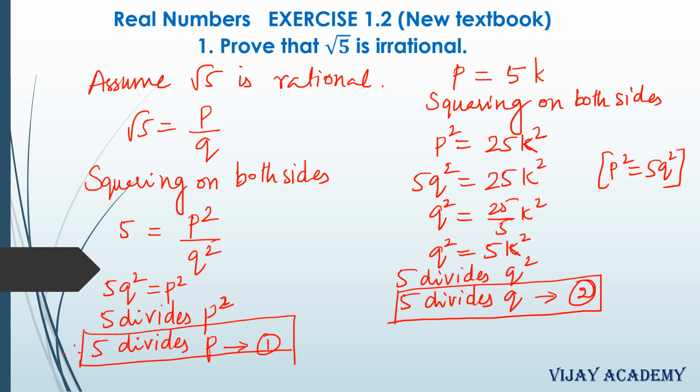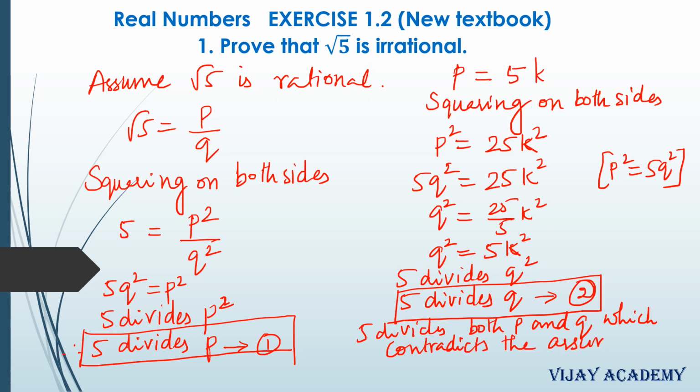So 5 divides both p and q, which contradicts the assumption. Therefore root 5 is irrational.